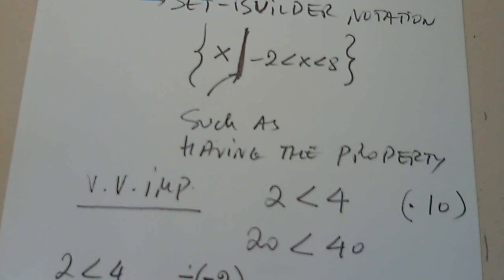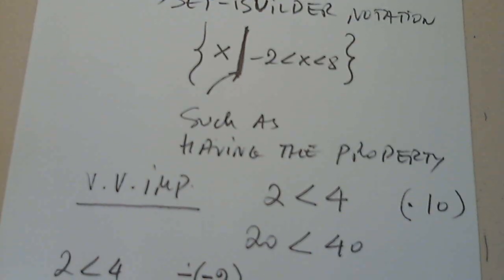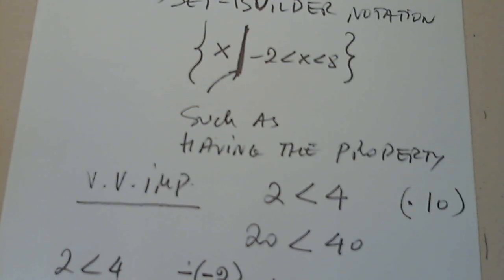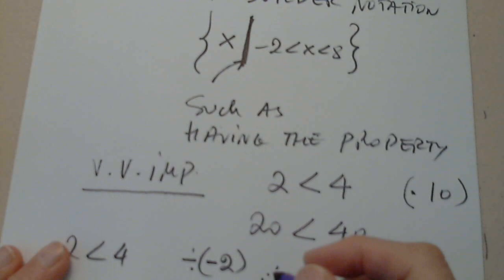So 2 divided by -2 is -1. 4 divided by -2 is -2. So I had this inequality symbol. Can I still keep it? In other words, I'm saying, is -1 less than -2? No. So this is something very important to remember.